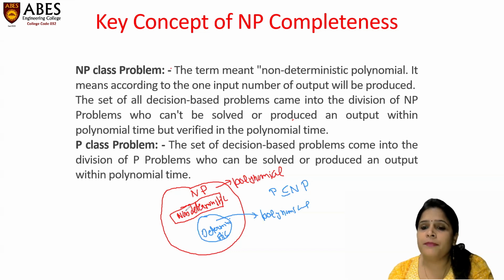If I am talking about the NP class, the NP class basically uses a non-deterministic approach to find a solution of a given problem, but verifies these problems in polynomial time.